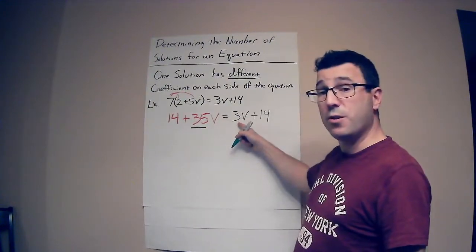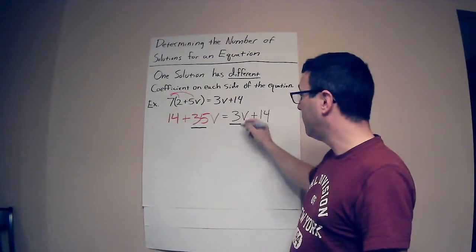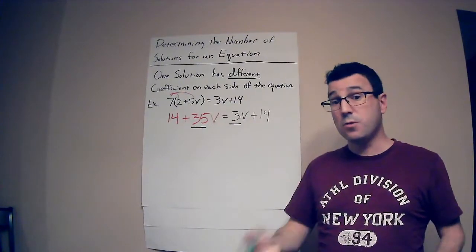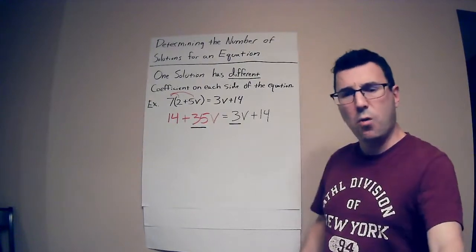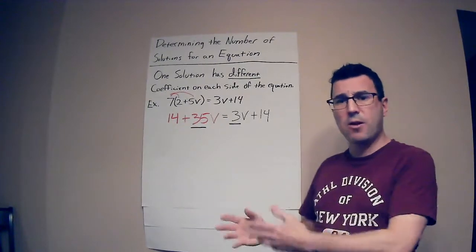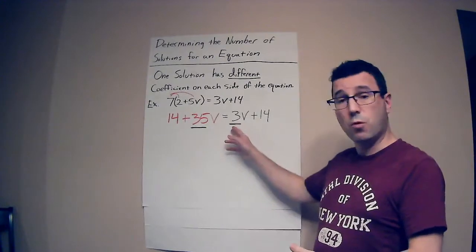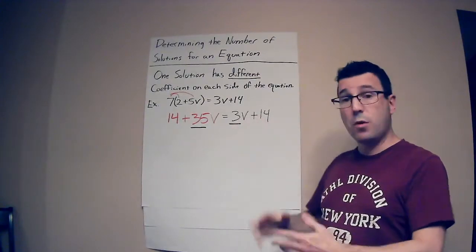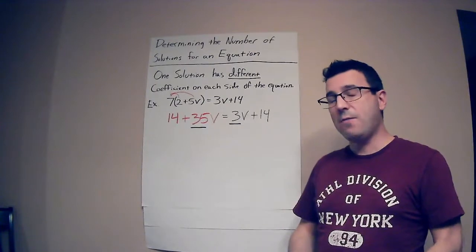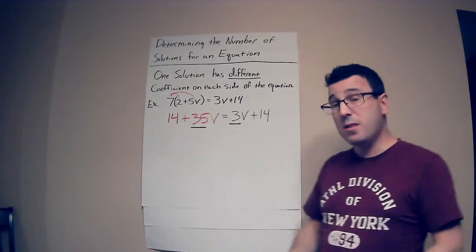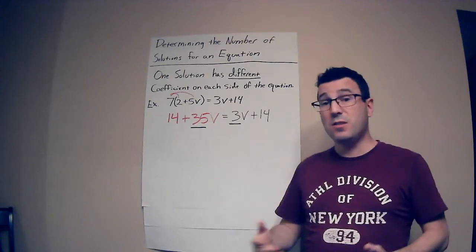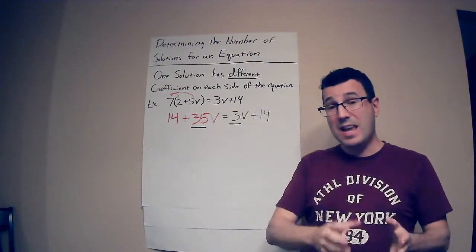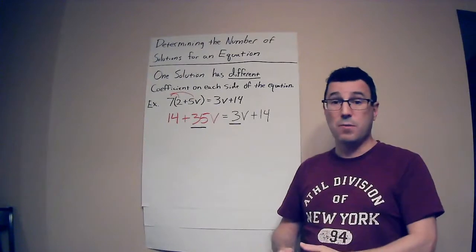My coefficient on the right-hand side is 3. Those are different coefficients, so when I subtract my variable term, the 3v, from both sides, I'm still going to have the variable. So I know that this is a one solution equation because at the end the variable is going to equal some number.